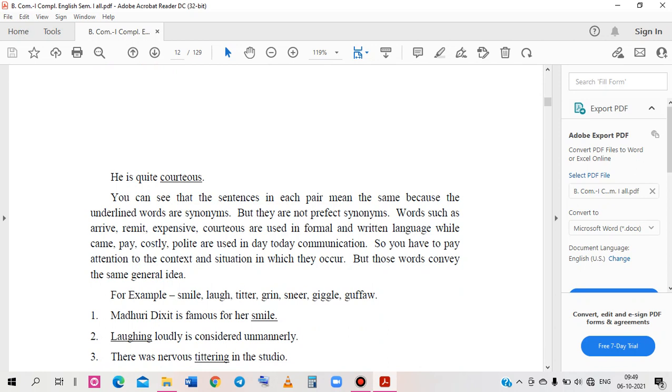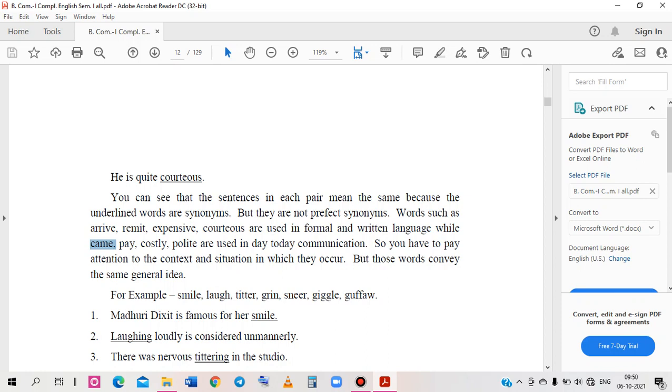You can see that the sentences in each pair mean the same because the underlined words are synonyms, but they are not perfect synonyms. Words such as arrive, remit, expensive, courteous are used in formal and written language, while came, pay, costly, polite are used in day-to-day communication. So you have to pay attention to the context and situation in which they occur.